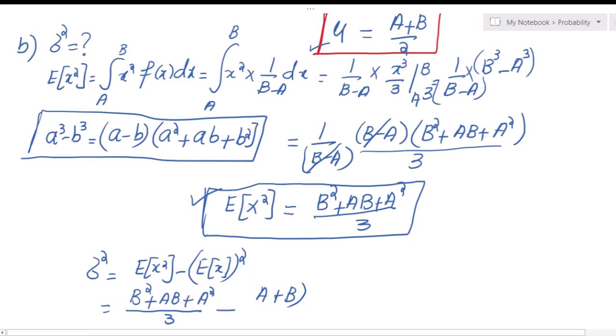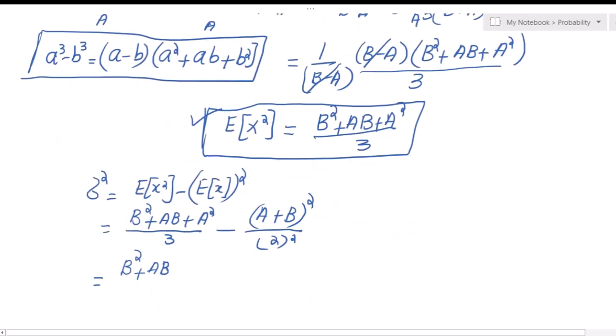Okay, let me simplify it. So it would be (b square plus ab plus a square) divided by 3 minus (a square plus 2ab plus b square) whole divided by 4.